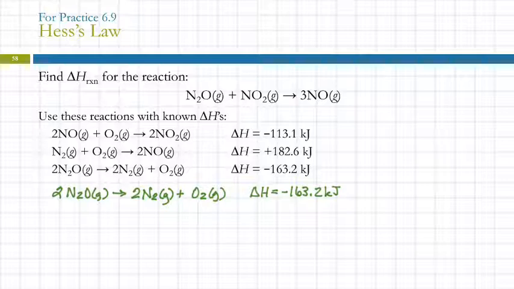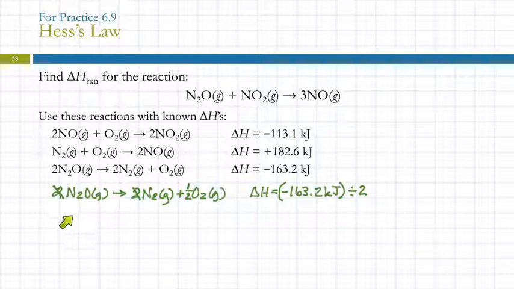So this 2 becomes a 1, this 2 becomes a 1, and this becomes a 1/2. And then I'm going to take this and divide by 2, because that's what I did to the equation. Because if I react half as much, I'm going to have half as much energy.